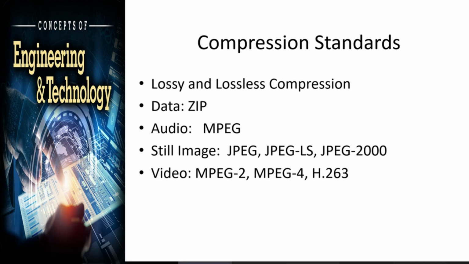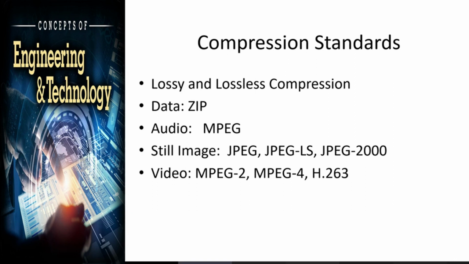For the compression standards, we have lossy compression as well as lossless compression, and we can have different imaging modalities, the different types of images. For data, we have zip compression techniques.